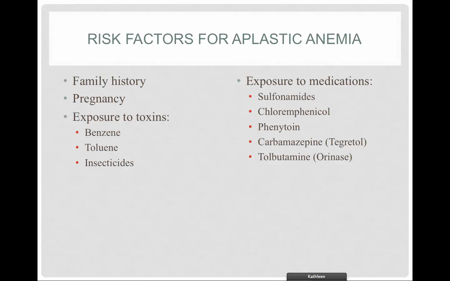Risk factors for aplastic anemia: family history, pregnancy makes you at risk, exposure to toxins, which are benzene, which is gasoline, toluene, which is a toxin in paint thinner, and insecticides.